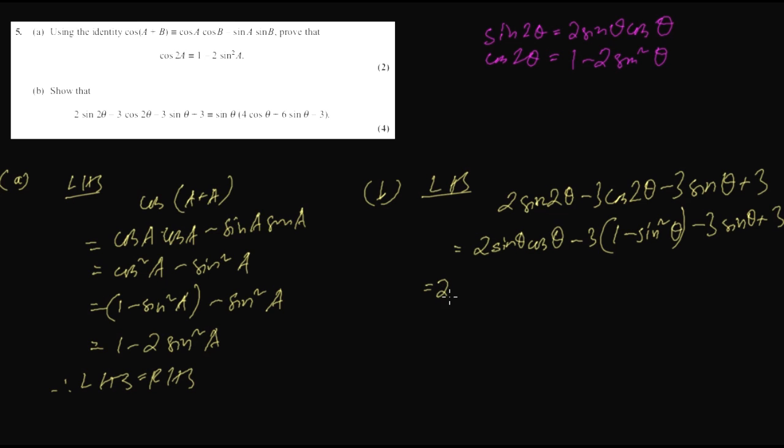This means 2 sine theta cos theta minus 3 minus minus plus 3 sine squared theta minus 3 sine theta plus 3. So what we can do here is we can cancel this plus 3 and minus 3, and we can take sine theta common.